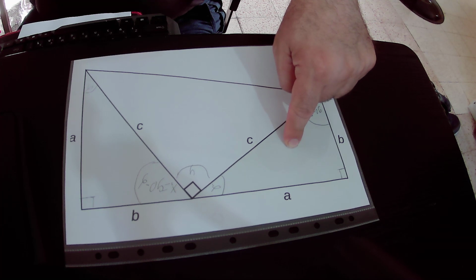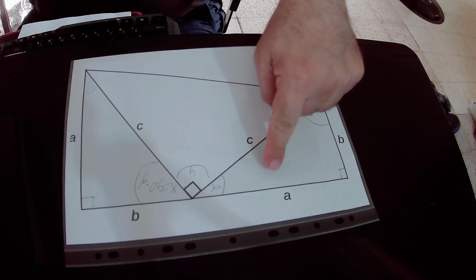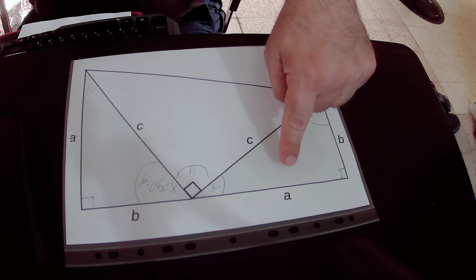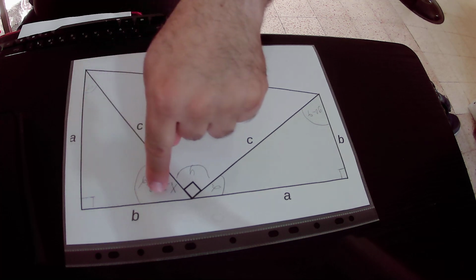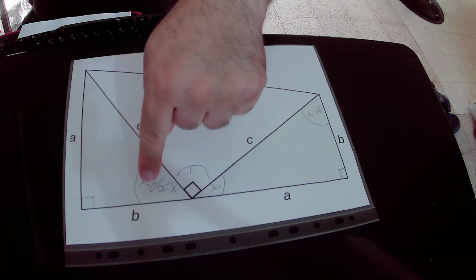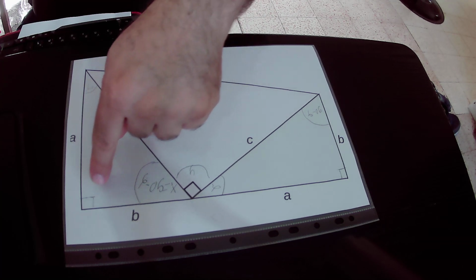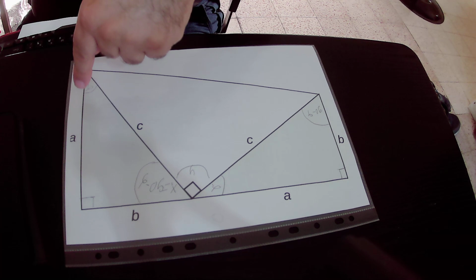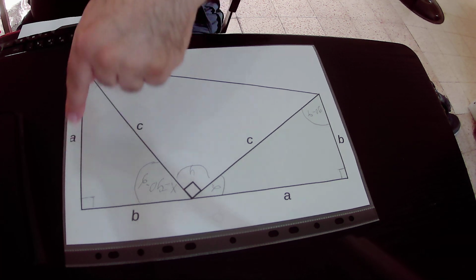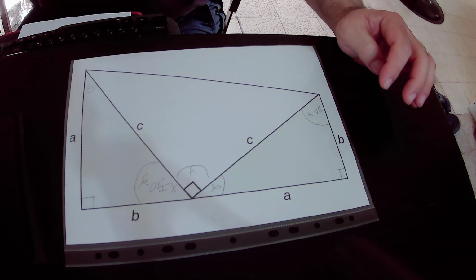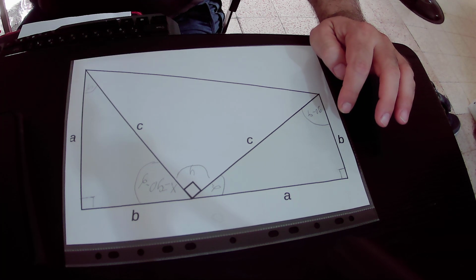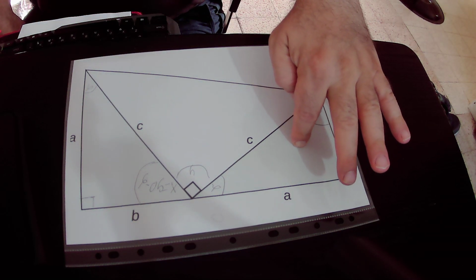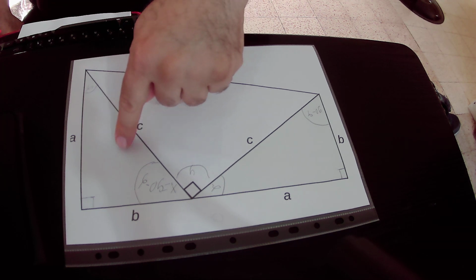We will build along the length of side A. We will draw the side B and raise a perpendicular whose length is the length of side A. So in this way we made a copy of this right triangle ABC.